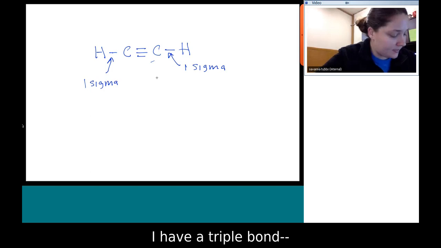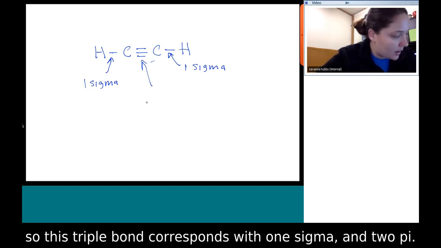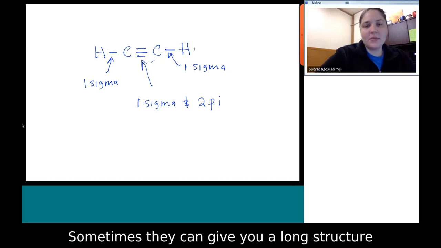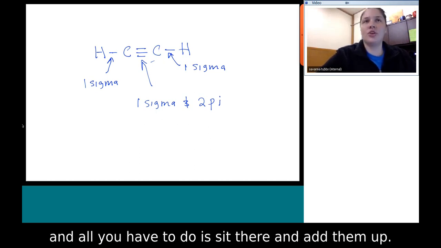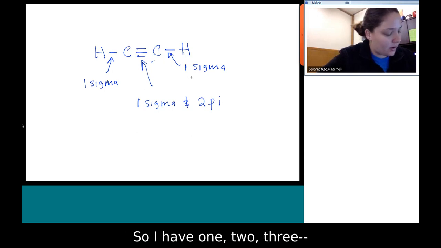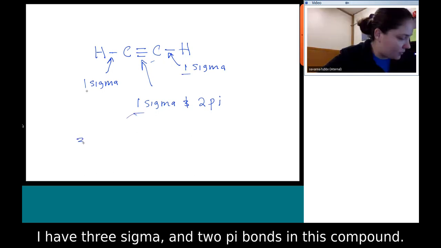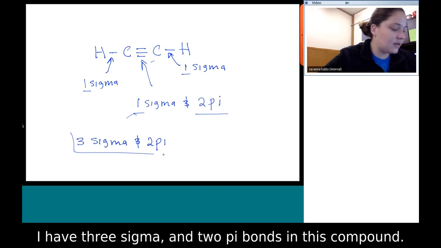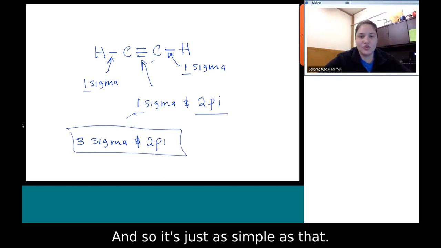I have a triple bond, so this triple bond corresponds with 1 sigma and 2 pi. And that's all the bonds I have. Sometimes they can give you a long structure, and all you have to do is sit there and add them up. So I have 1, 2, 3. I have 3 sigma and 2 pi bonds in this compound. And so it's just as simple as that.